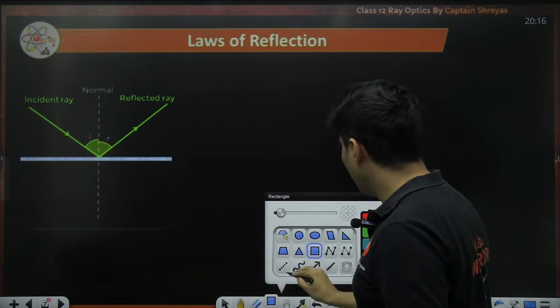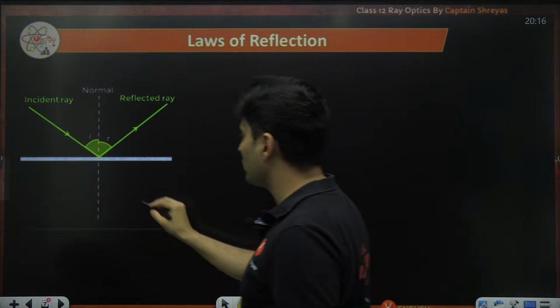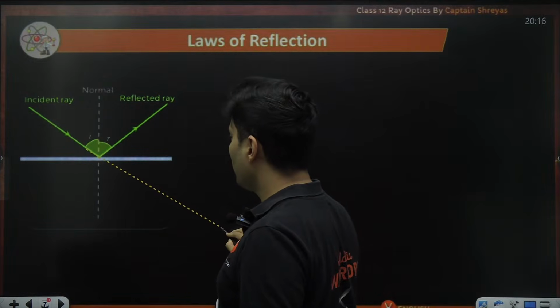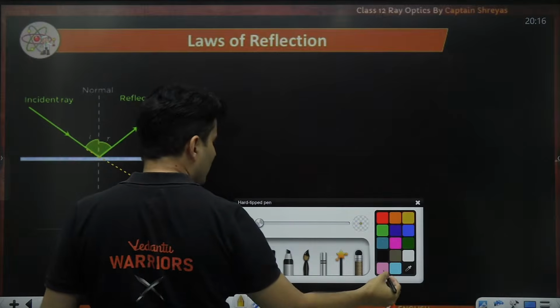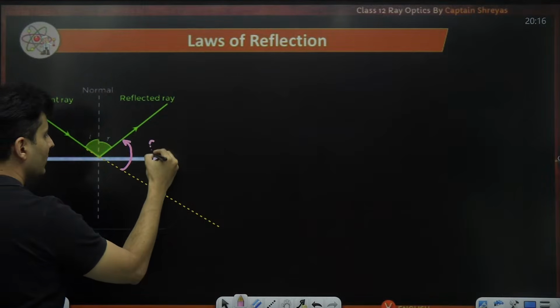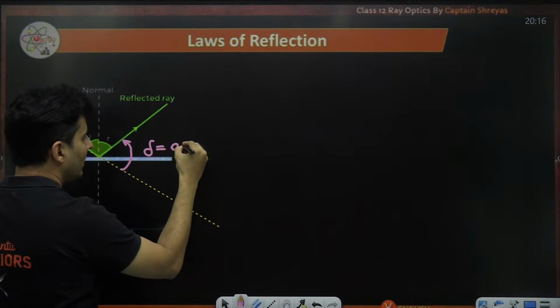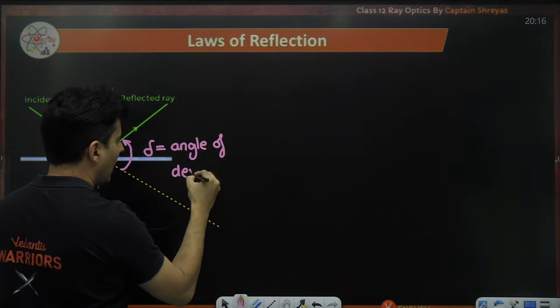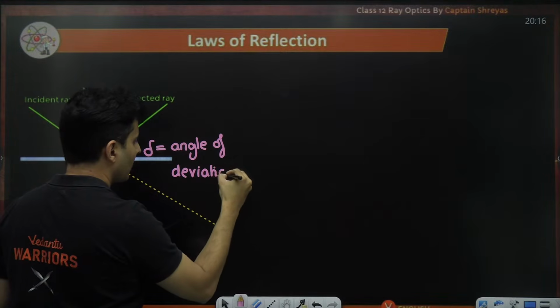So it's what it wanted versus the reality. It wanted to go like this. Is that right? This particular ray wanted to go like this. But as you can see over here, it has turned by this much particular amount. So this delta is called the angle of deviation. Is that right?